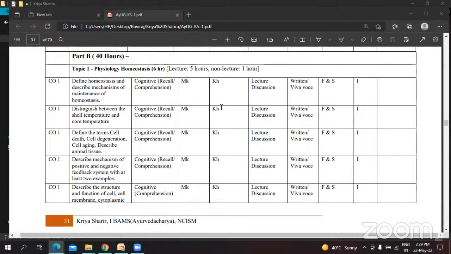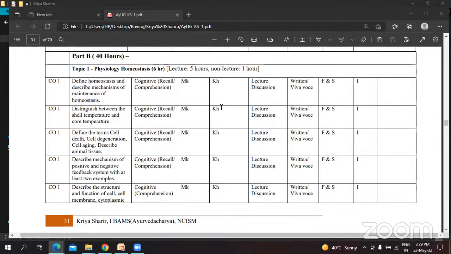What is the concept here? Define homeostasis and describe mechanism of maintenance of homeostasis. So this requirement of this particular point in a syllabus is essential for all, and everybody must know this, right?